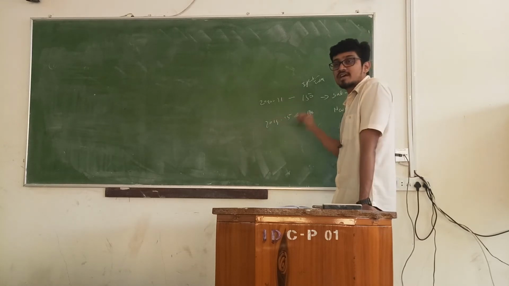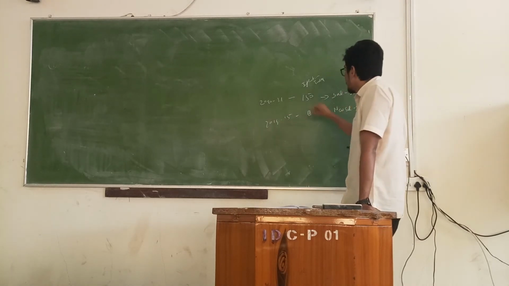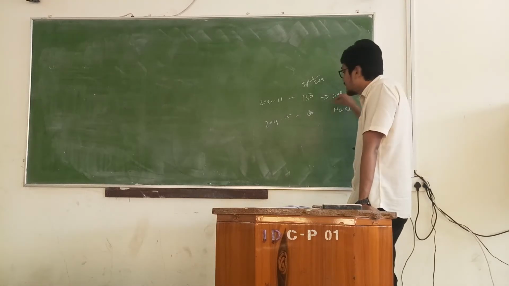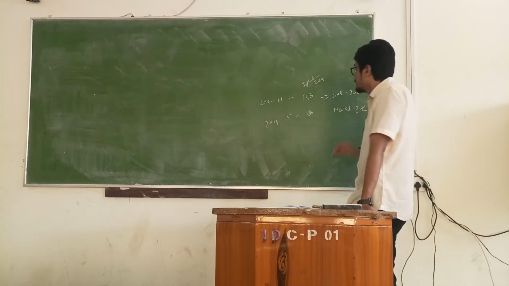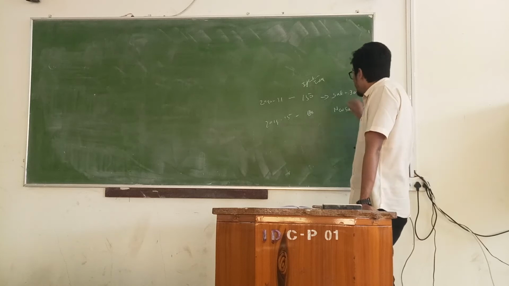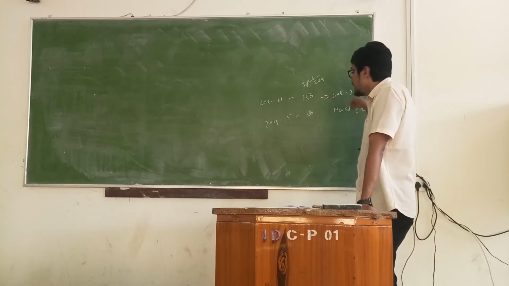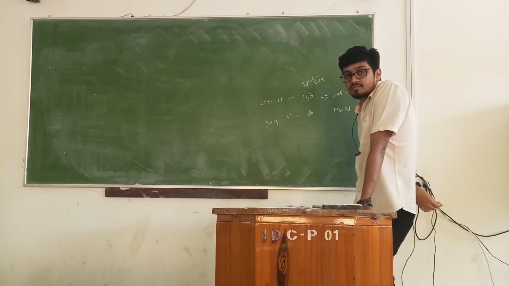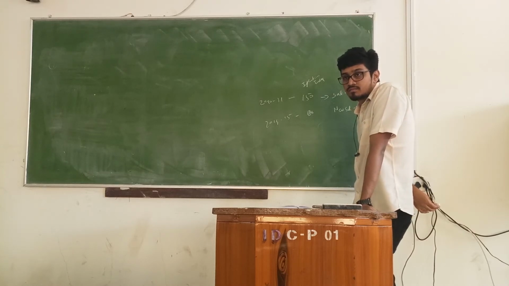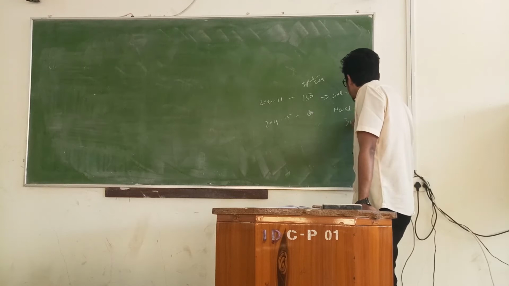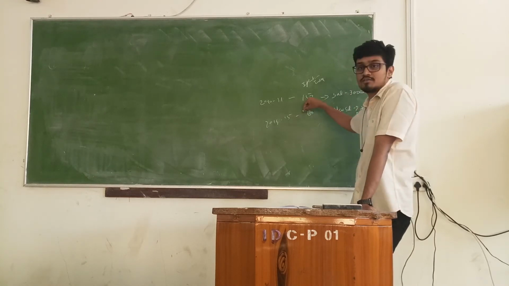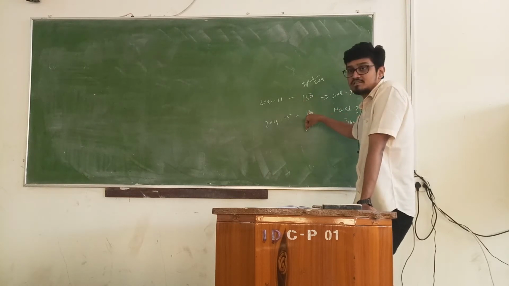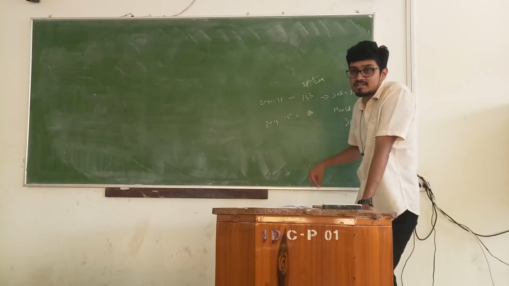See, all these questions are cross multiplication types. 150 gave 3000, so what will 180 give? 3000 into 180 divided by 150. The new salary should be 3600 because inflation was only 150, and now the inflation is 180, so your salary should also increase accordingly.